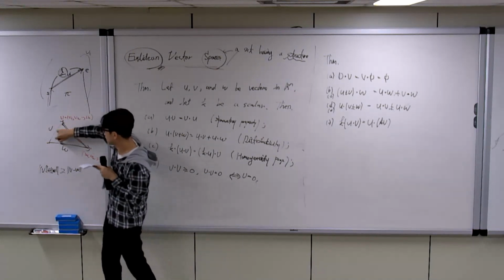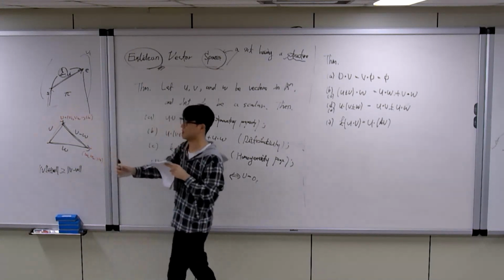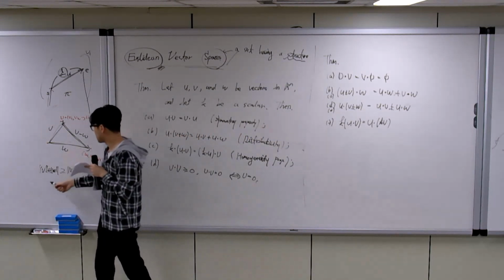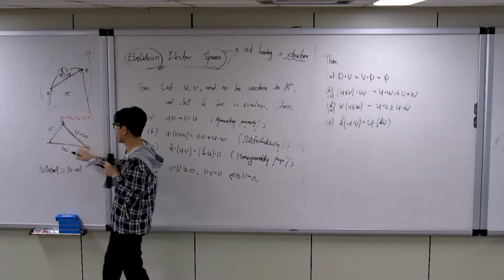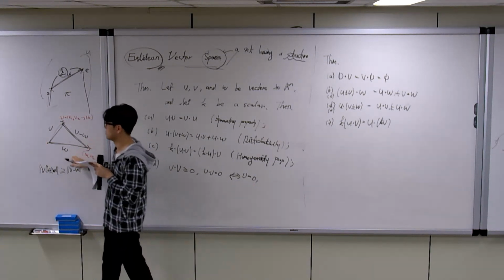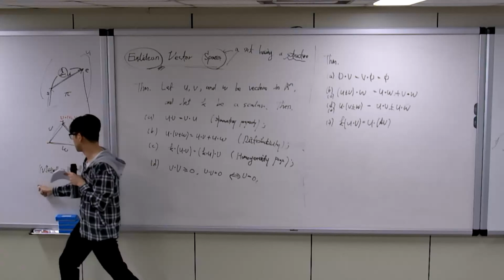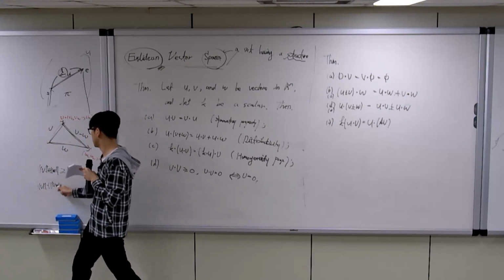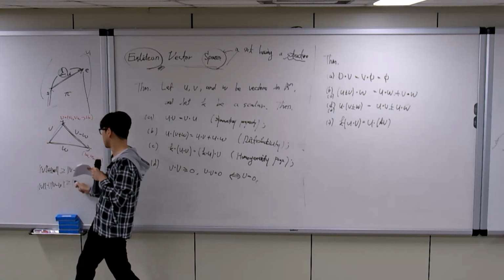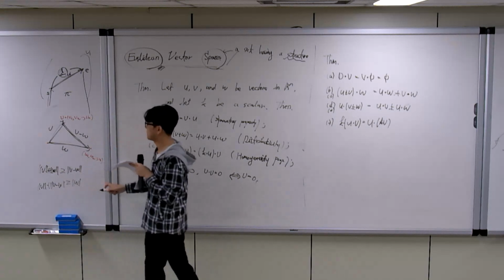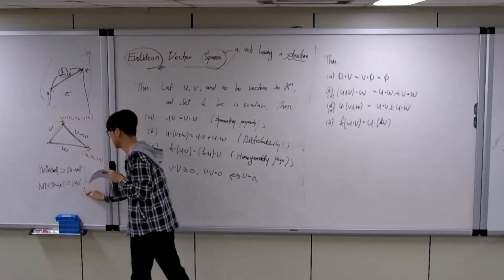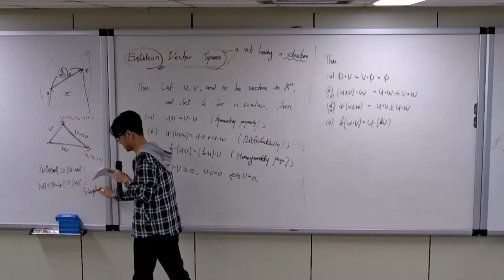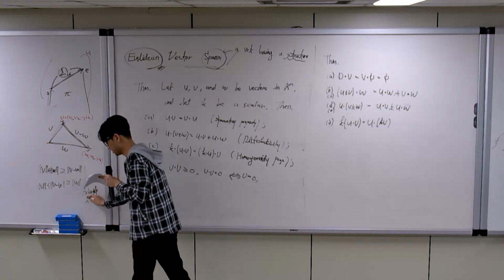However, this is the longer path, and it makes sense by choosing other vectors, like v plus w minus w is bigger than w, and this form is called the triangle inequality.